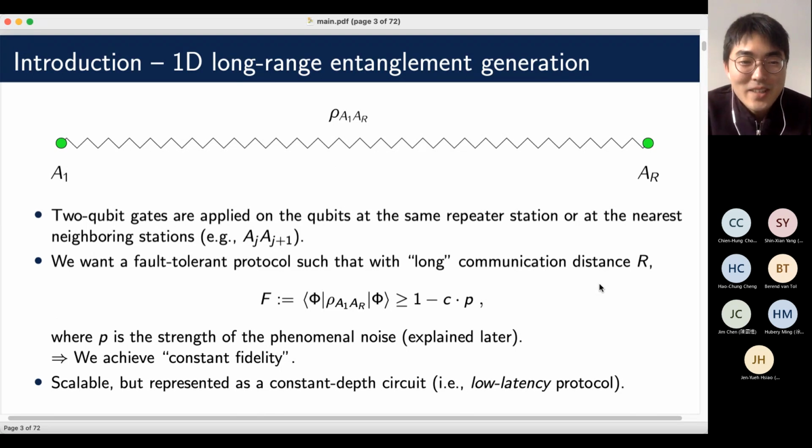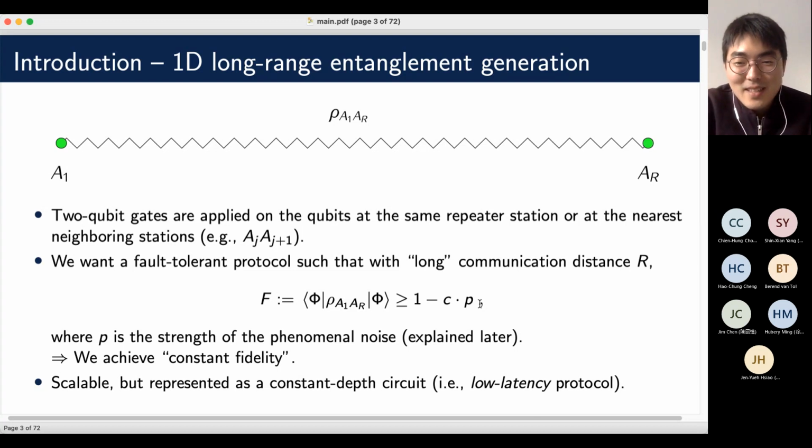So there are some restrictions for creating a state between A1 and AR. We really want all 2 qubit gates to be applied on qubits at the same repeater station or nearest neighboring stations like AJ and AJ plus 1. And we want a protocol such that this long distance state is close to a Bell state in terms of fidelity.